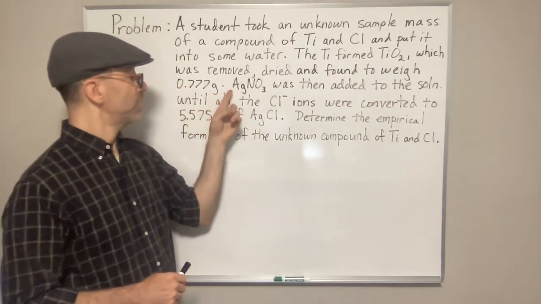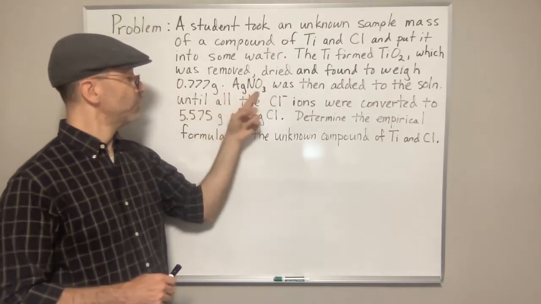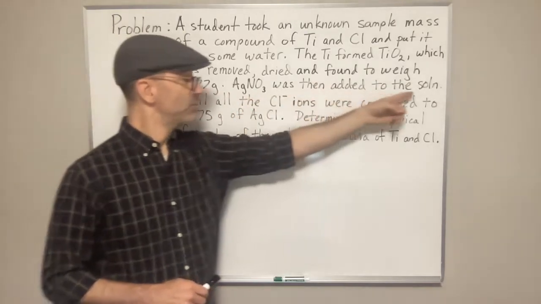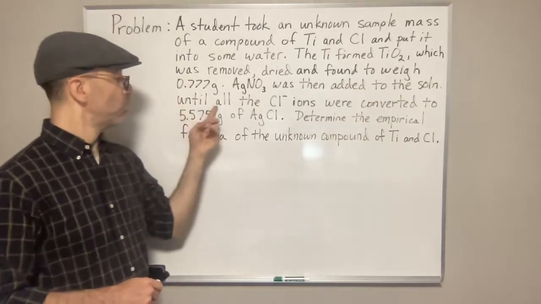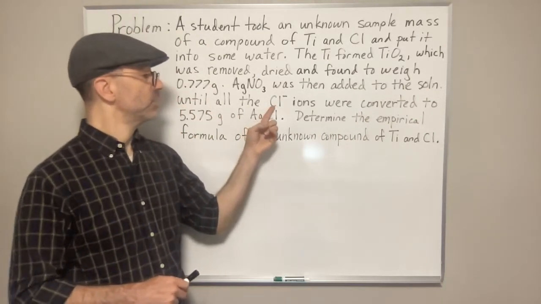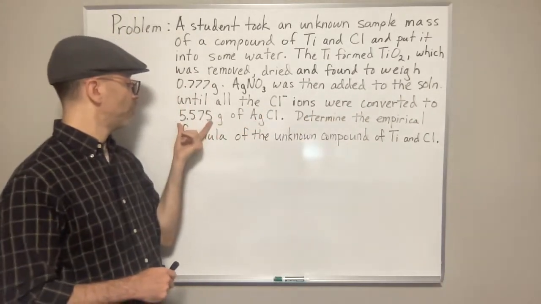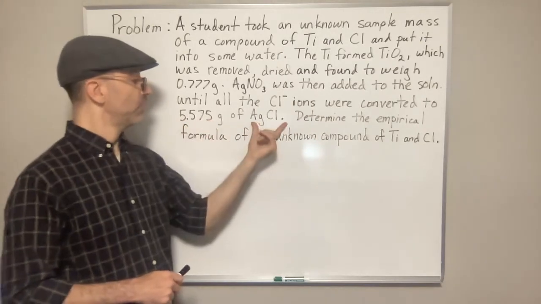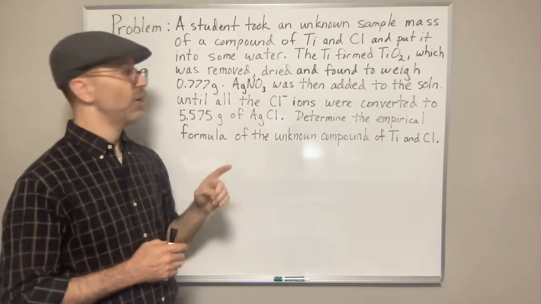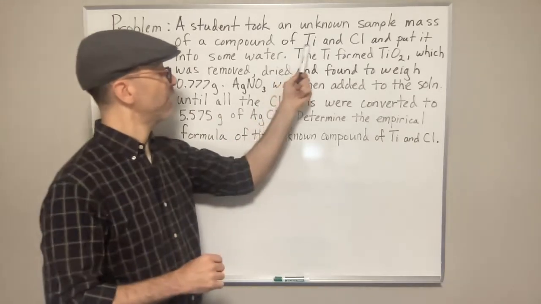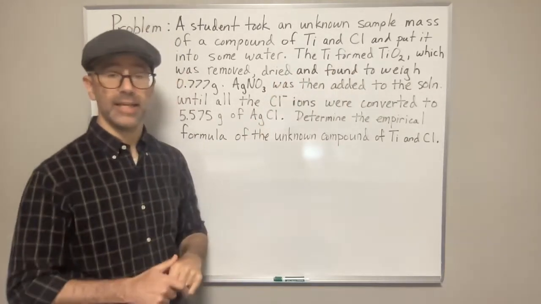And then they say that you add the silver nitrate to the solution until all of the chloride ions were converted to 5.575 grams of silver chloride. So you've got two compounds. So you know your unknown has titanium and chloride ion in it.